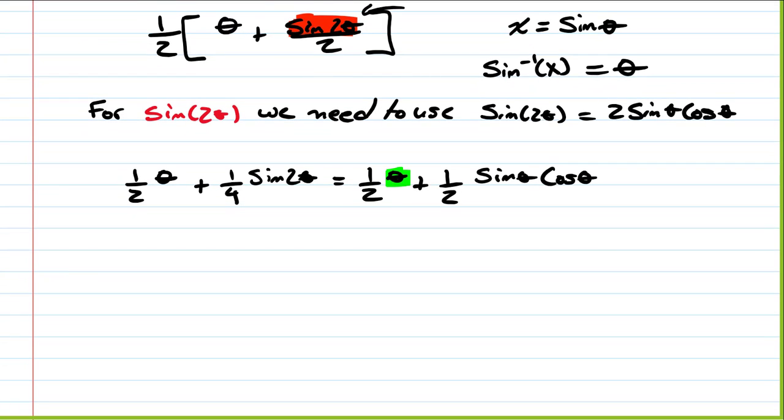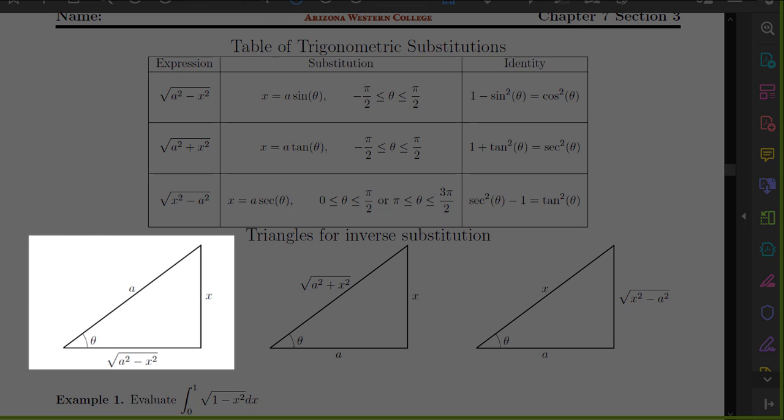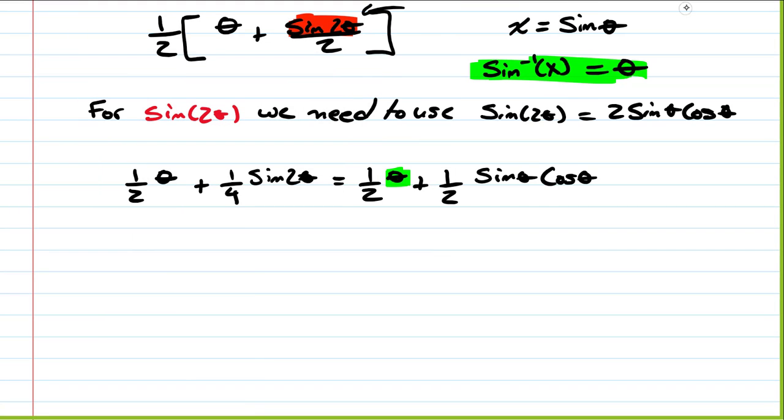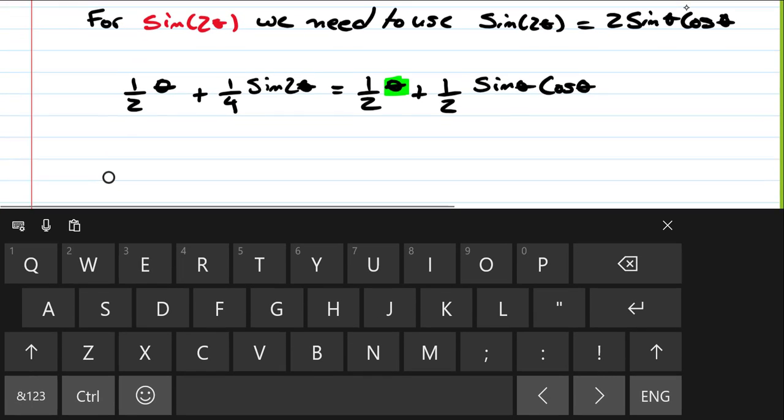So we have that theta is going to be the same as this, and now this is where our triangle comes in. So we had the expression of this form, right? So that corresponds to this first triangle that we had in terms of our substitution. For our example, what was our a value? 1.